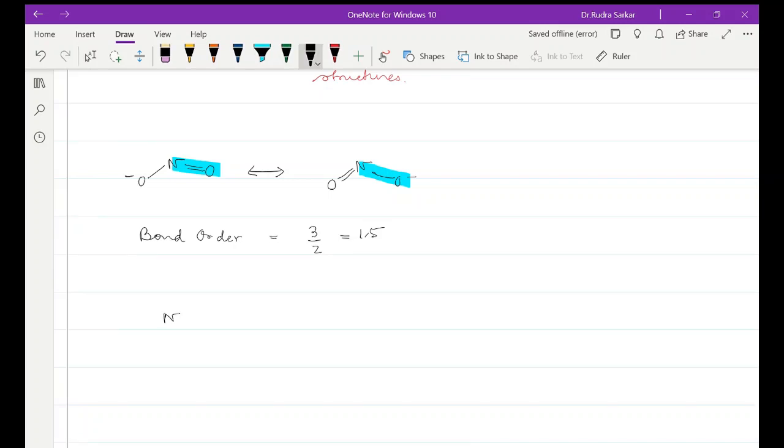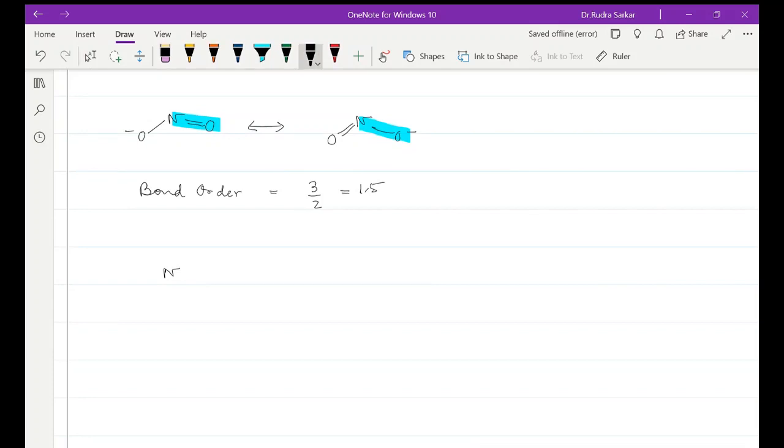Let us choose another one. Now let's say we are doing it for the nitrate now. So for nitrate, what is the structure? We know it is this one. What are the resonating structures of the nitrate? So we will say these are the ones that are possible.